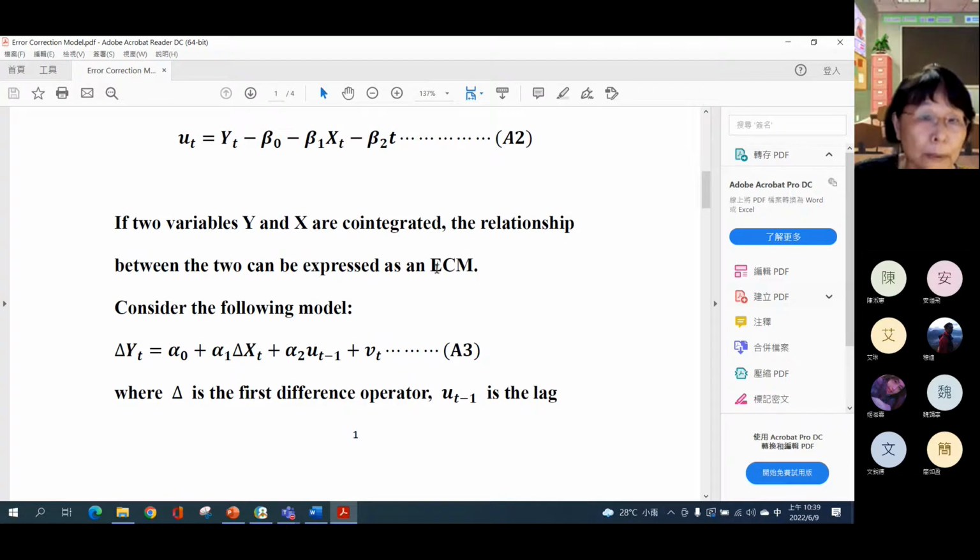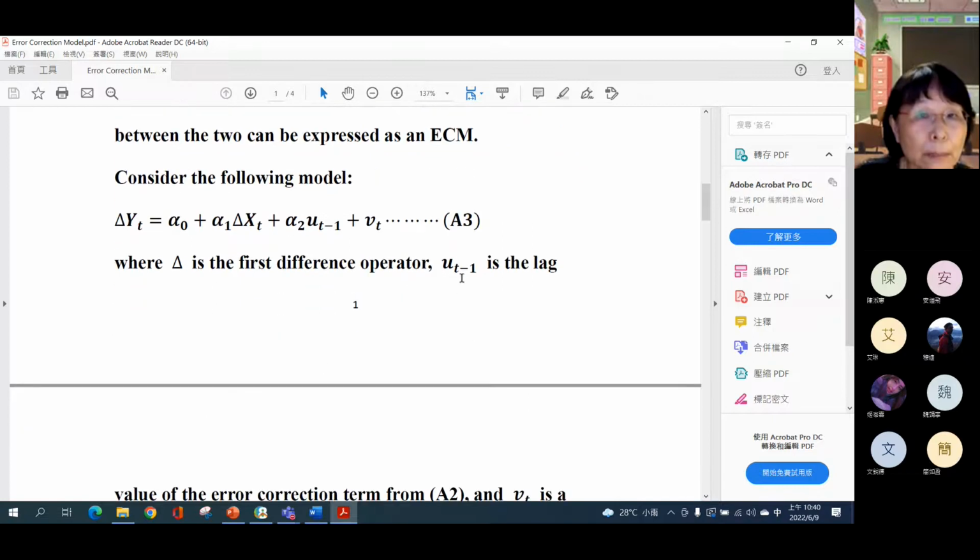So we know that the error correction model consists of the first difference of the original y variable, the first difference of the original x variable, and the lag term of the original error terms.